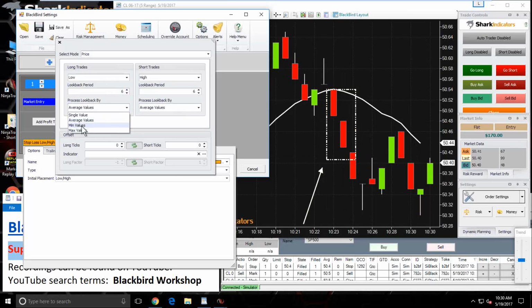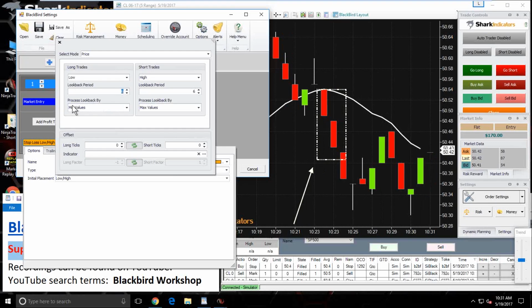And if we were using a minimum value, basically that's the lowest of the prices found. So if we're looking at the lows of the bar, then we're going to look back 6 bars and find the minimum value of all those lows.